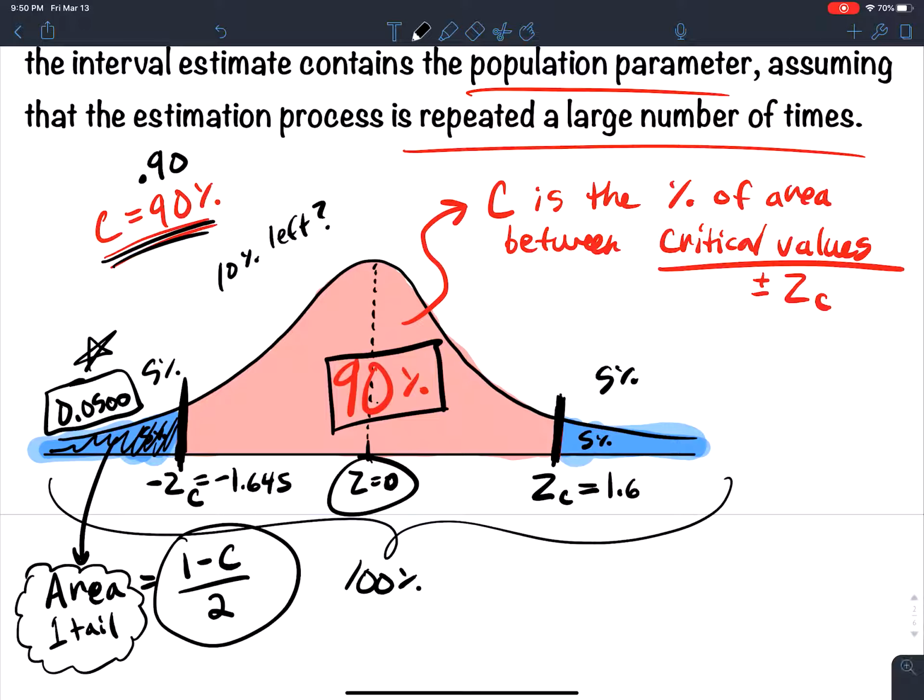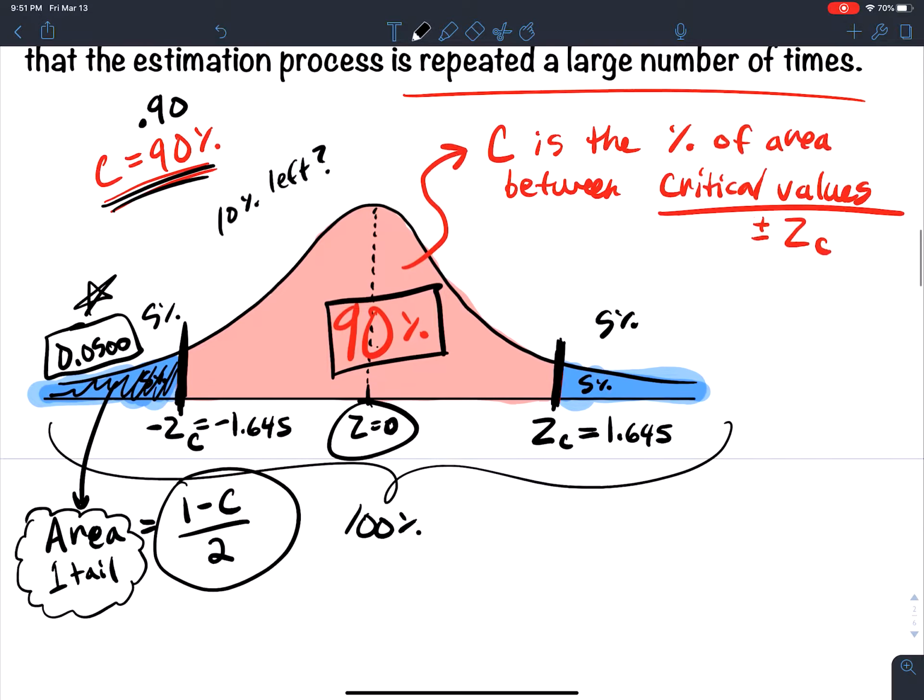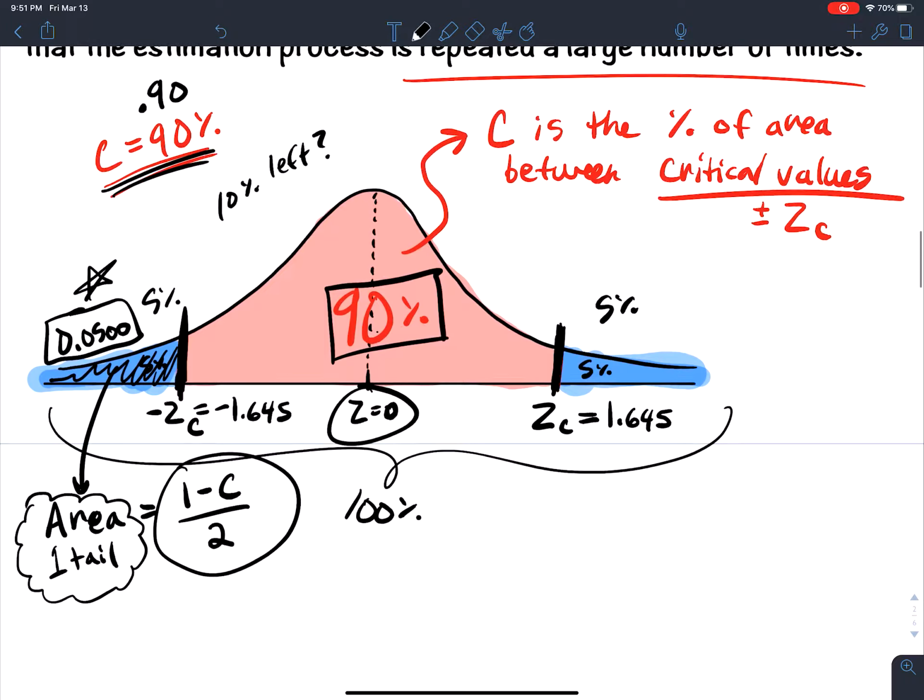So 1.645, just like that. Okay? So you got your left and your right tail. Hope that makes it a little bit more clear for you. So if there's 90% in the middle, 5% on each tail.